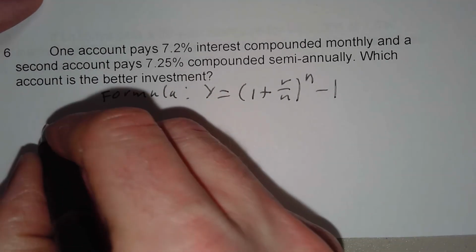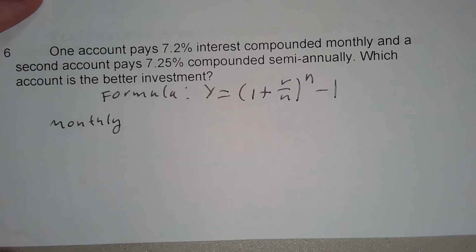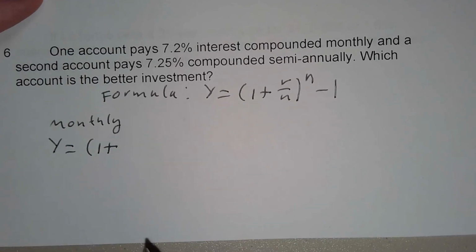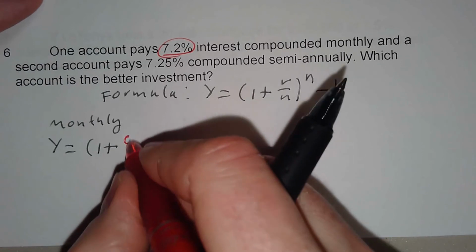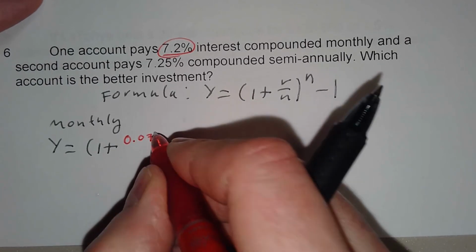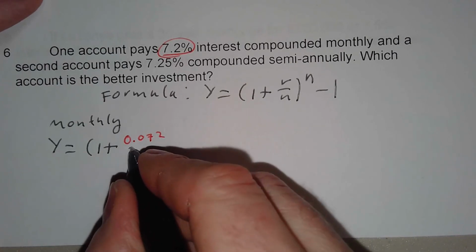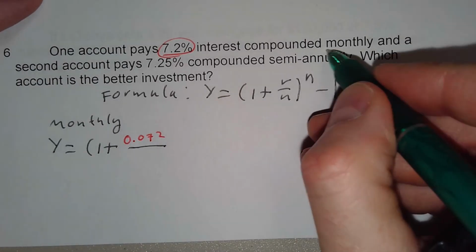Alright, so let's look at the monthly investment. Interest rate here is 7.2%, so we'll write that as 0.072. And n here, it's compounded monthly, so n is 12.